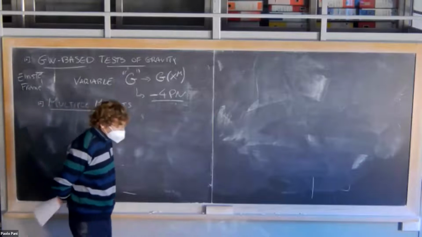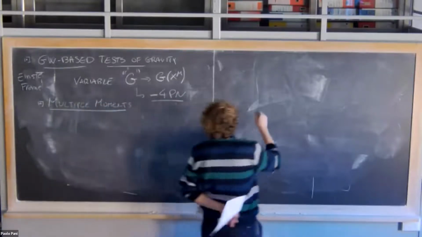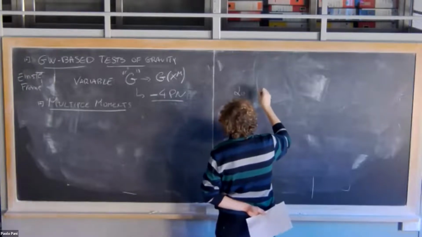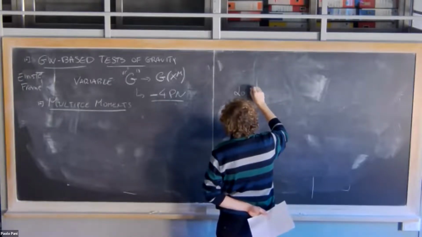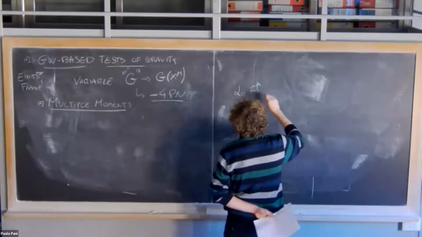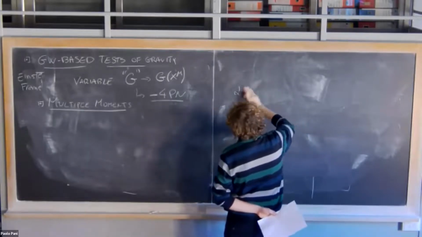The argument is essentially the following: suppose that one has a theory in which, I don't know, there is an alpha naught correction with some power, well, let's write this form.